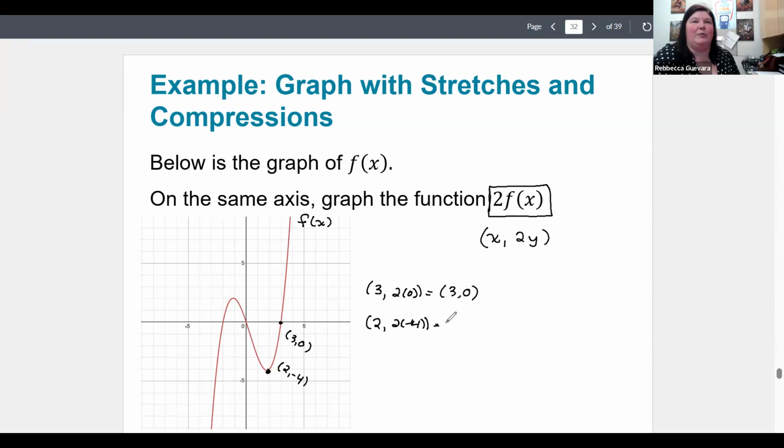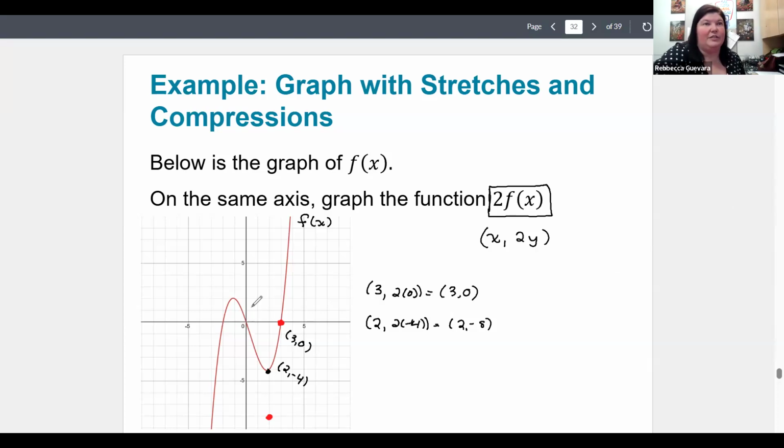So we're only multiplying the y component, so this turns into 2, -8. So make a new color here. This point is going to stay, and this point is going to turn into that point right there. We get a stretch.